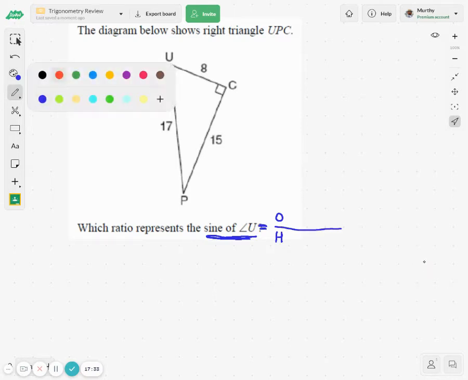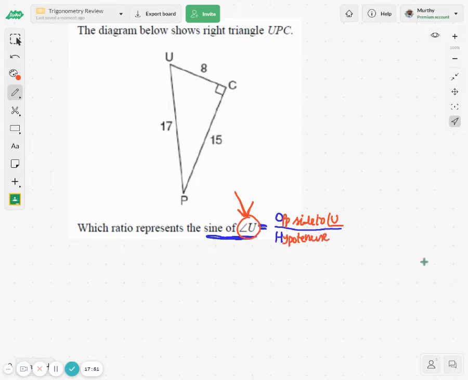O stands for the opposite side to angle U. Don't forget, you have to include this in your statement, over hypotenuse. Here is angle U, and I can see that this is the side opposite to angle U.